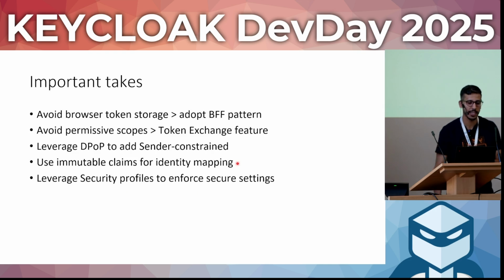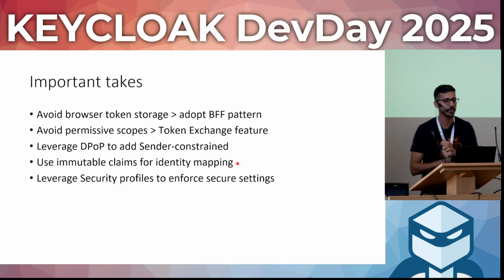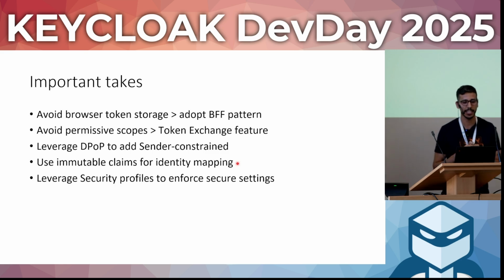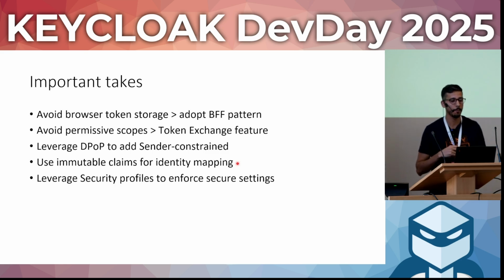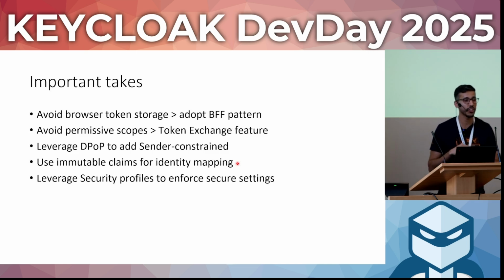Some important takeaways before I finish my talk: avoid browser token storage and switch to the BFF pattern in case you are using a single page application. Avoid permissive scopes and use the token exchange feature to implement a fine-grained, least privilege authorization scheme, and also enable and use proof of possession.